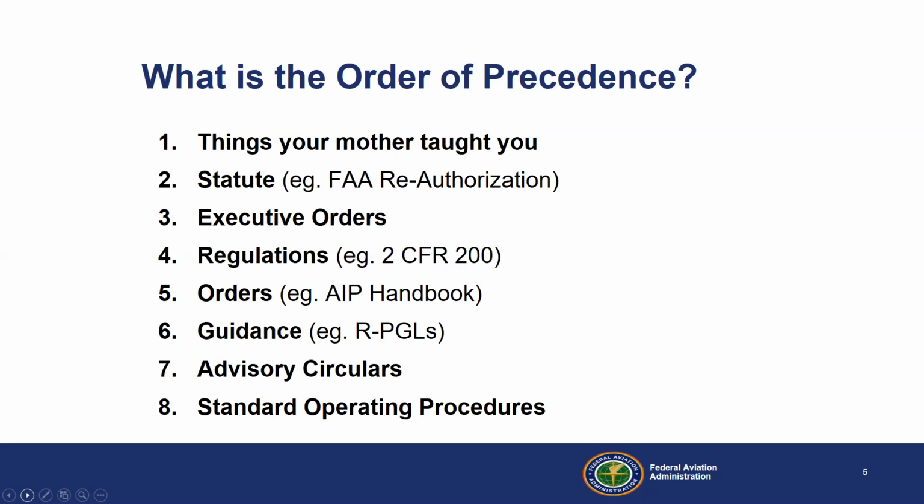The AIP handbook is made publicly available, and it is in lieu of a regulation, and it is done so that you all 3,300 plus federally obligated airports have more of a guideline that has the same order as regulation.